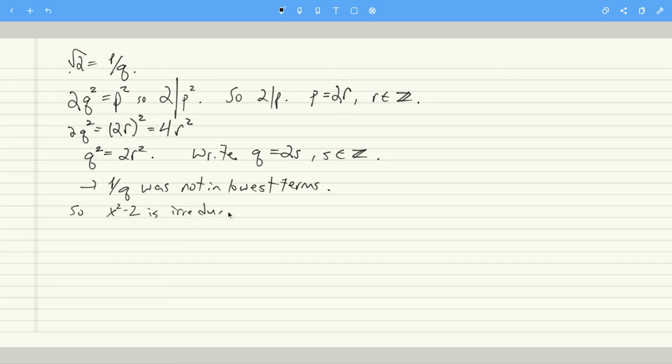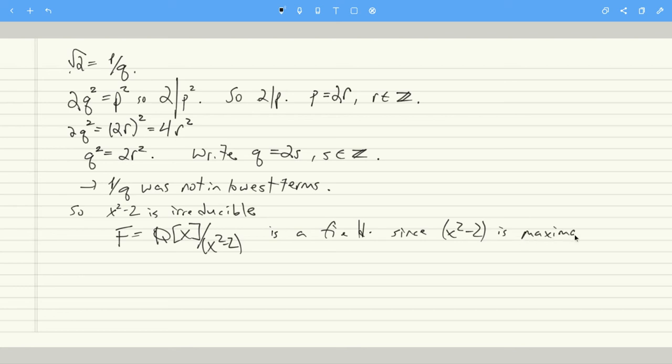Now you can say, since x squared minus 2 is irreducible, the ideal it generates is maximal, so this construction F is a ring modulo a maximal ideal, so it is a field.